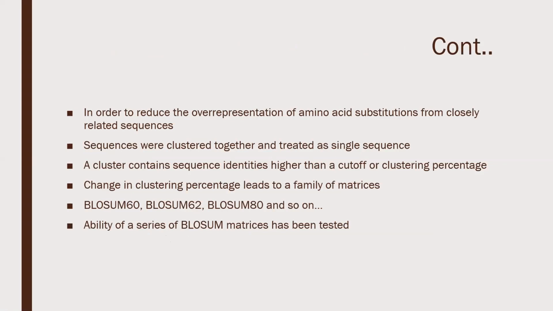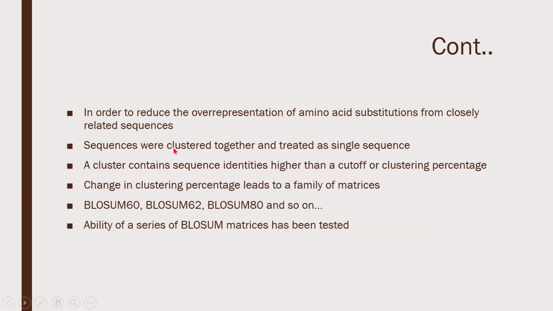While preparing these BLOSUM matrices, in order to reduce the over-representation of amino acid substitutions from closely related sequences, the sequences are clustered together, and the clustered sequences are treated as a single sequence. If there are closely related sequences, there will be over-representation of amino acid substitutions.